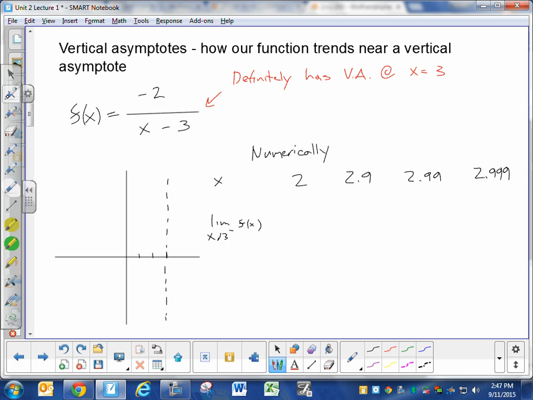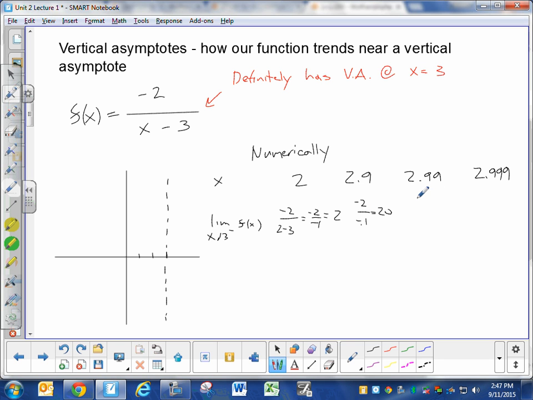Okay, and if I wanted to find this limit, in this situation I could do this by hand, but in most situations you won't be able to, and you won't have a calculator available. But if we had a calculator, I'd plug in 2. This would be negative 2 over negative 1, and I'd get 2. If I plugged in 2.9, I'd end up with negative 2 over negative 0.1, and I'd get 20.